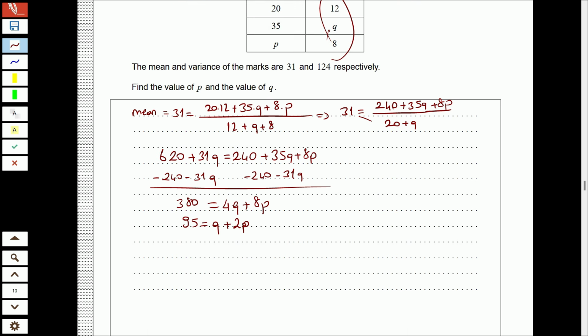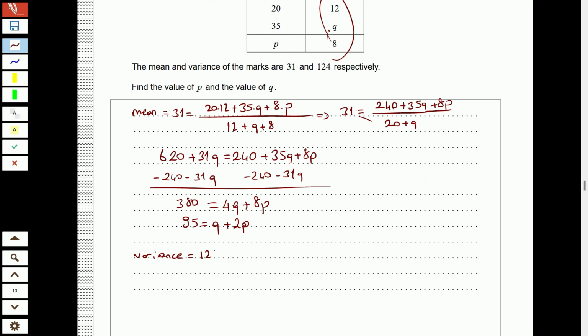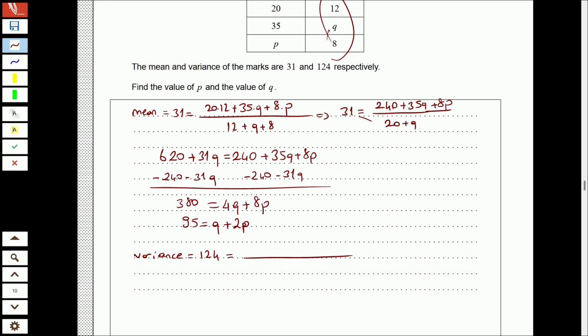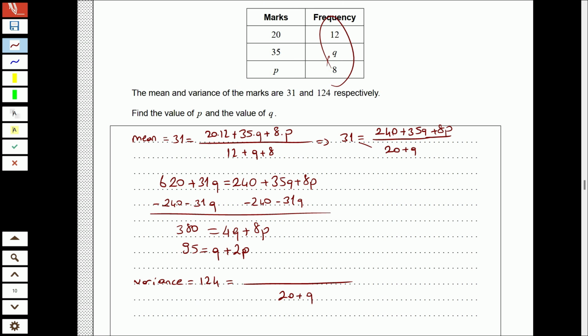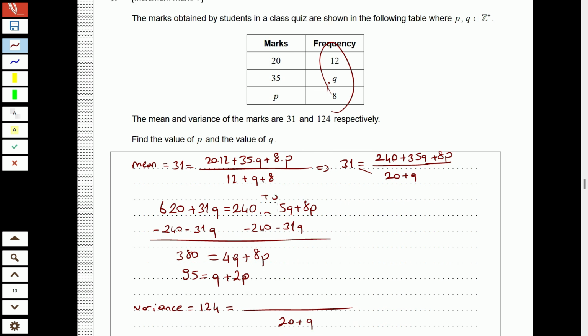So what is variance? You can check from the formula booklet, and it's given as 124. At the denominator, again, is the total number of students. At the numerator, we will find the distance between the marks and the mean.